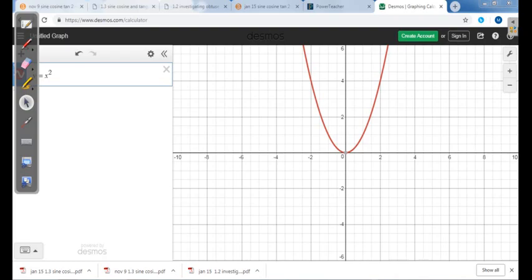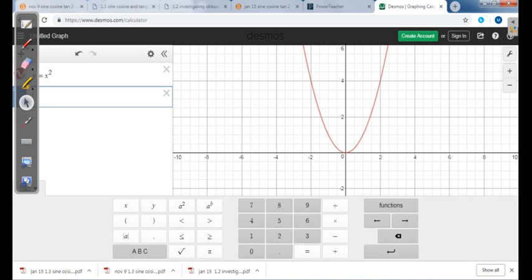And I go y equals 2x squared. What do you notice here? Same. It's narrower. Yeah. Okay. So it has the same opening up, has the same vertex, right?